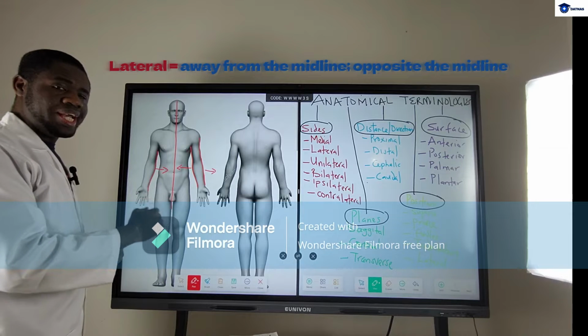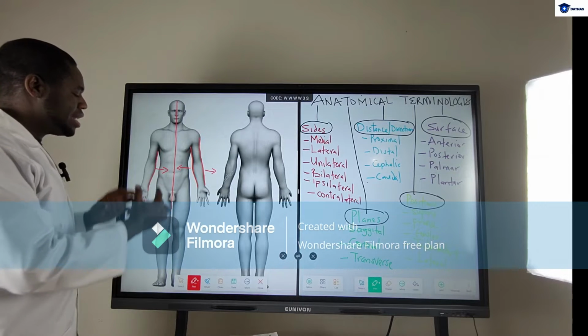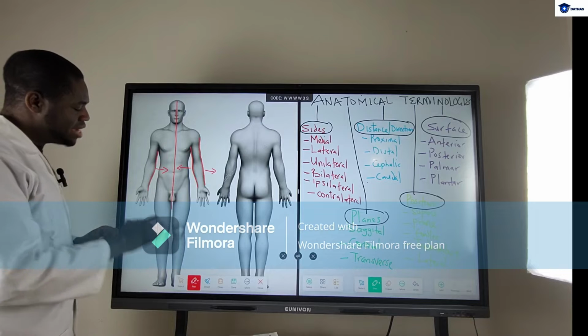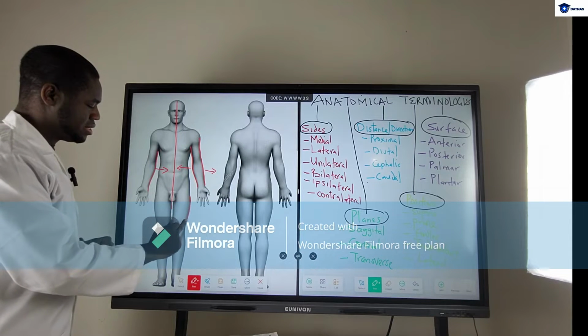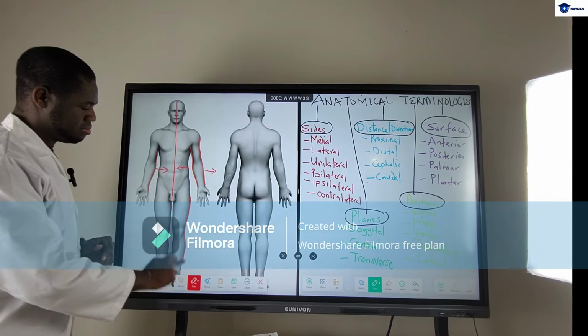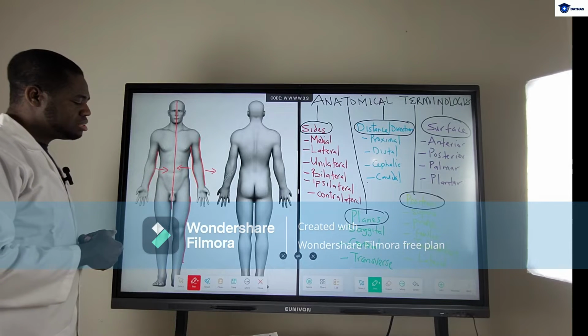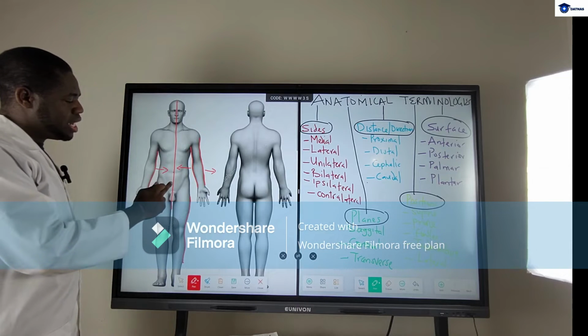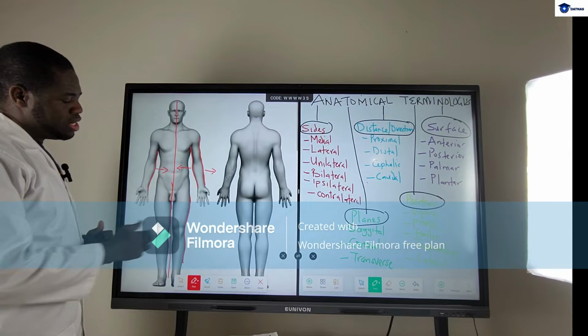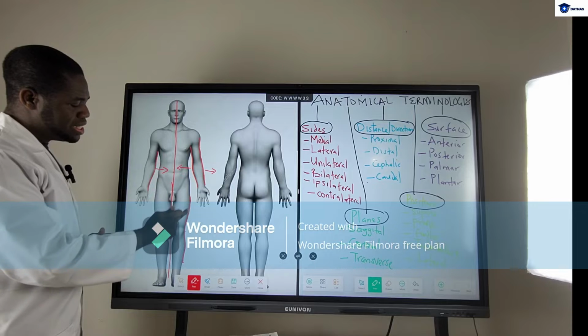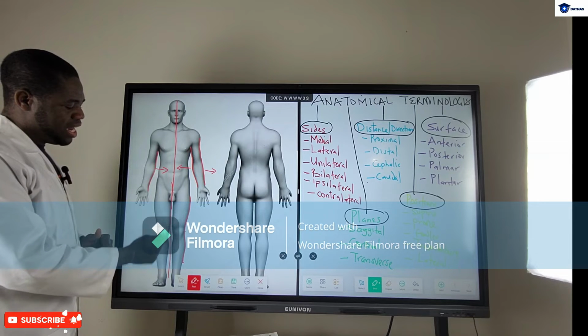Who can show me the medial side and lateral side of these legs? What do we call these sides? Is this medial or lateral? Look at the midline. Does this side face the midline?